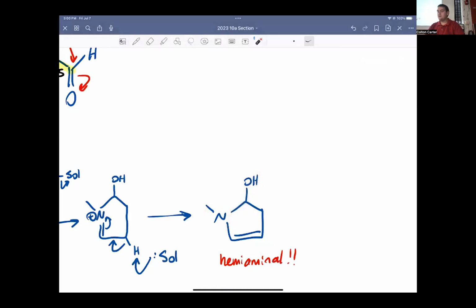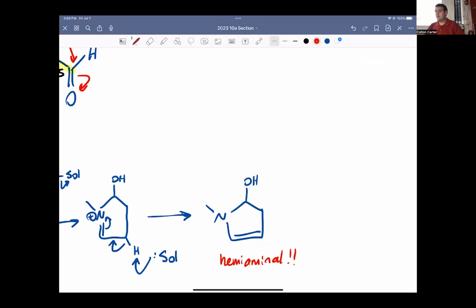Now question, are we just going to kick off OH if we're in slightly acidic conditions? Because normally we do this at pH around 5. Why would we not want to kick off something with a negative charge in acid? I think it's just faster to kick it off when it's protonated and we're in acid.